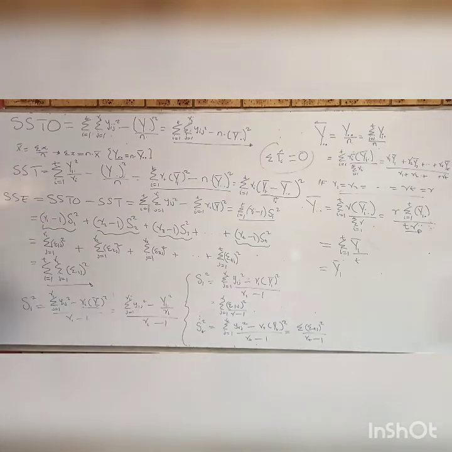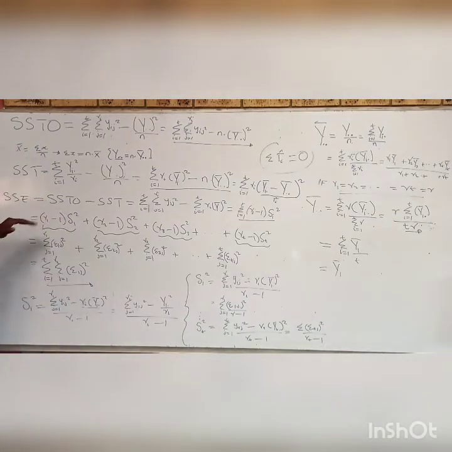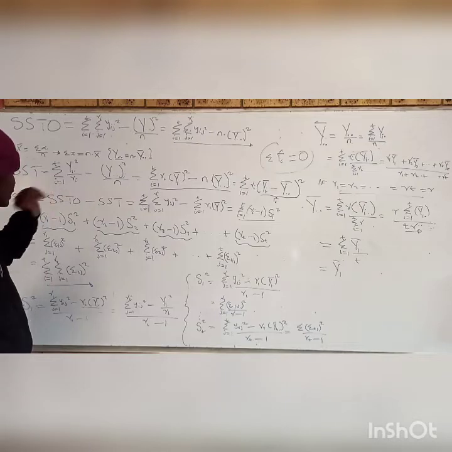Proceeding further, to find our SSE, we say SSTO minus SST, where SSTO is the total sum of squares, SST is the SS treatment, and SSE is the sum of squares of the error.